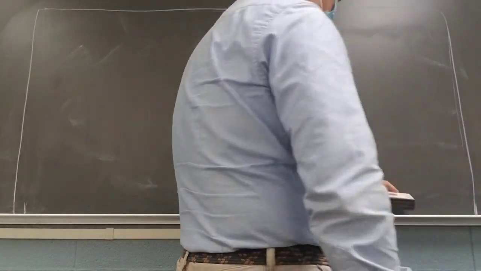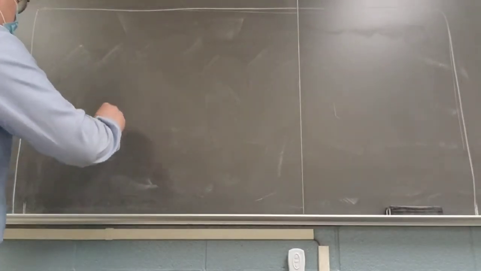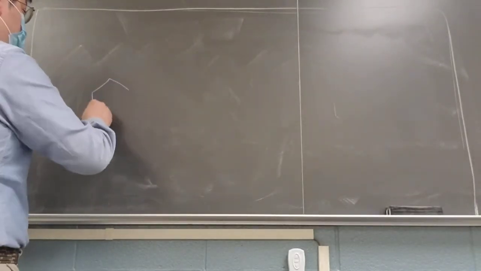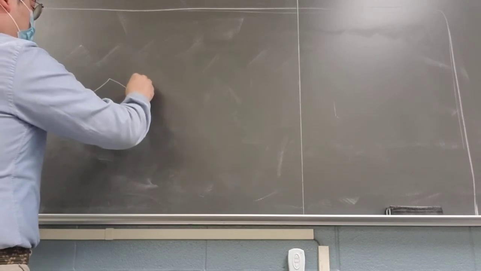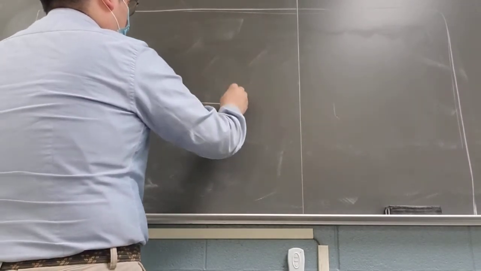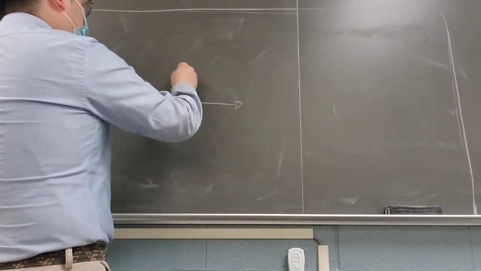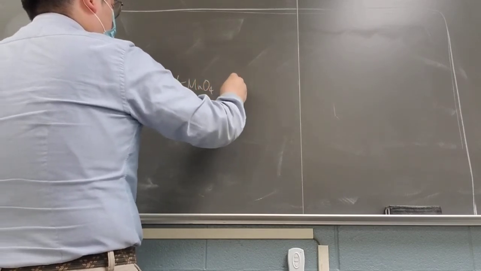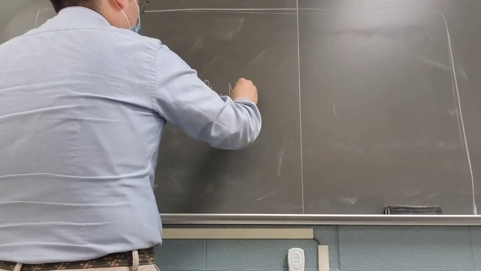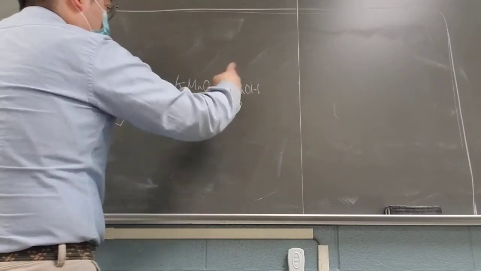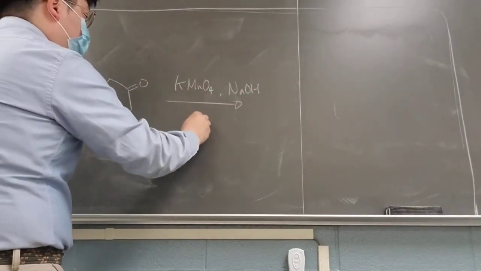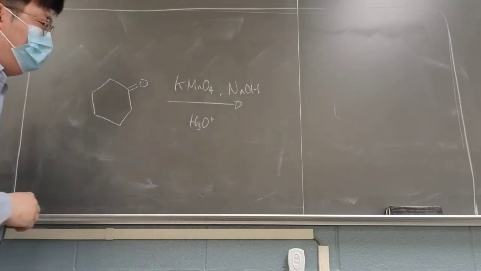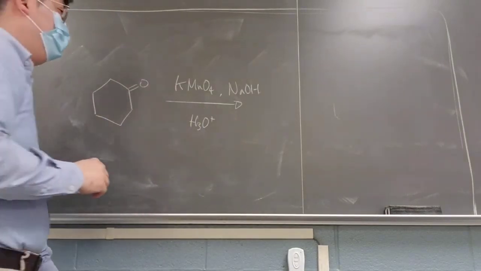The next one I want to talk about is a bit weird. It's a very strong oxidation that you're going to see. There'll be potassium permanganate with some strong base and some solvent there, and later it will be treated with hydrogen cation over here.